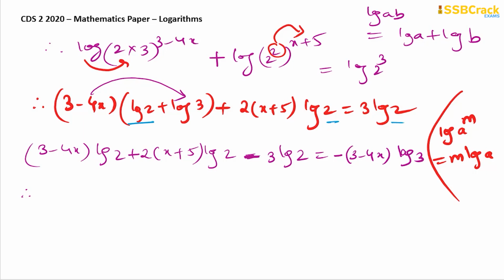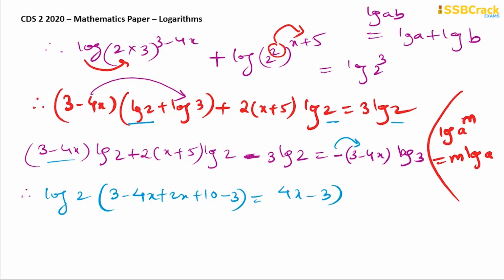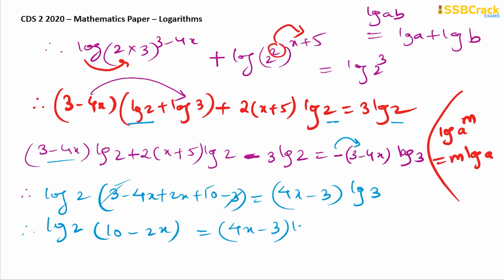So I could write this as log of 2 times, what do we have in the bracket? We have 3 minus 4x plus 2x plus 10 minus 3. And this is equal to, I can take this minus inside, so I could write that as (4x minus 3) times log of 3. Isn't it? So we can further simplify this as log 2 times, this 3 and this 10, 13 minus 3, anyhow it is 10. So we are having here (10 minus 2x) log 2, which is equal to (4x minus 3) times log 3.